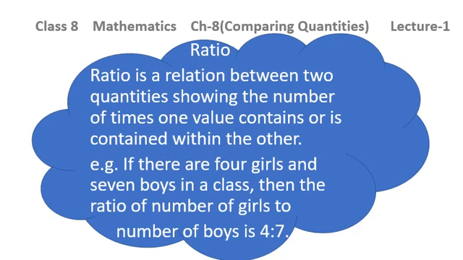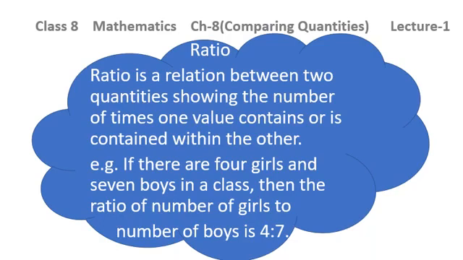4 is to 7. This is the ratio 4 ratio 7. So here 4 represents the number of girls and 7 represents the number of boys. So what do you mean by a ratio? Ratio is a relation between two quantities showing the number of times one value contains or is contained within the other.